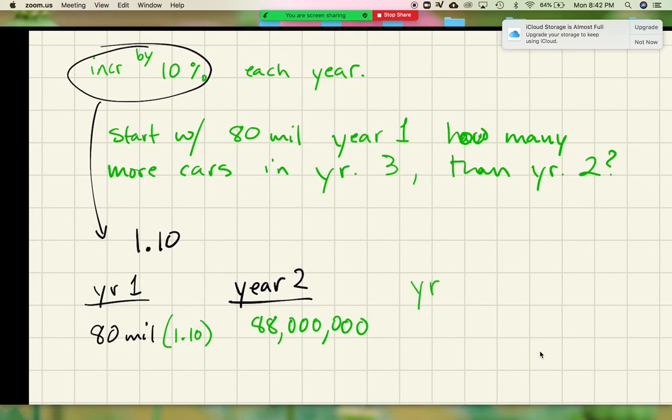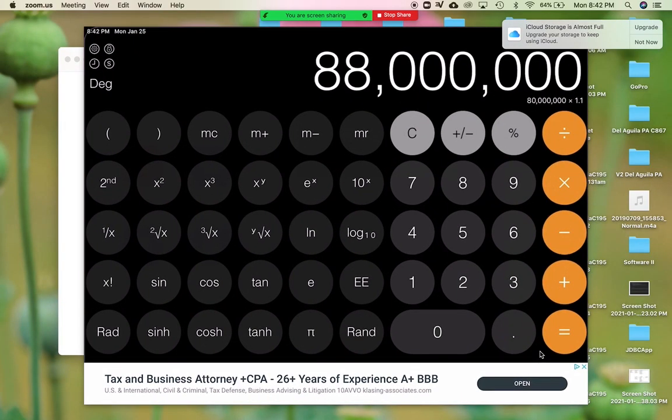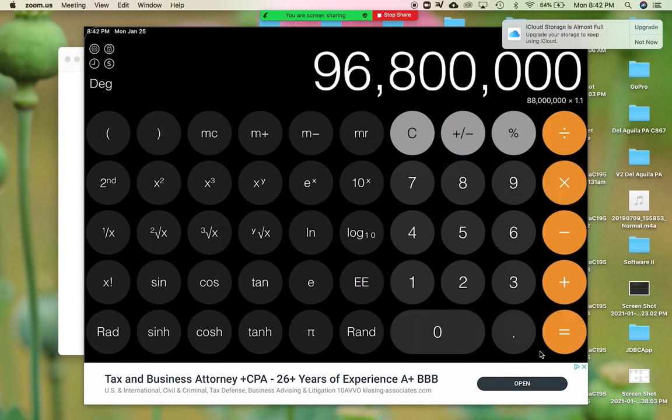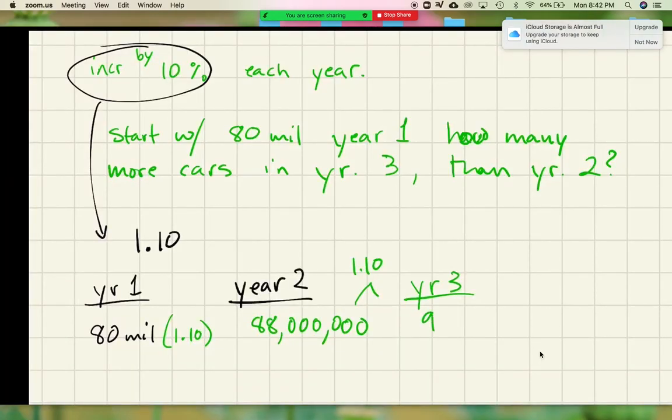And then year 3, if it increases by 10% every year, then I multiply by 1.10. So 88 million times 1.10 is 96,800,000.